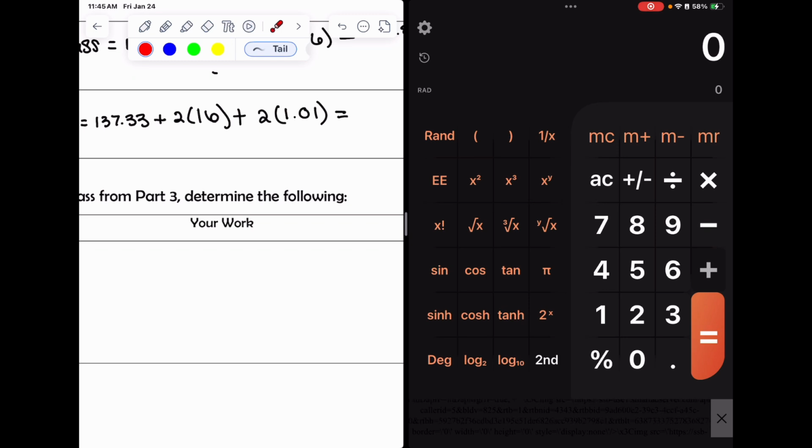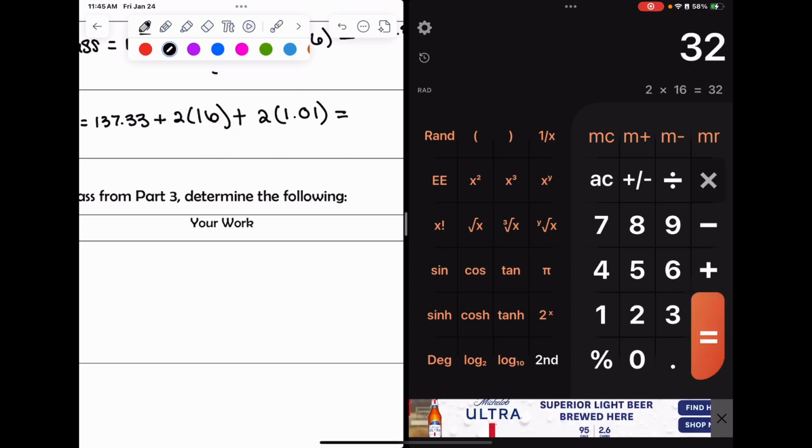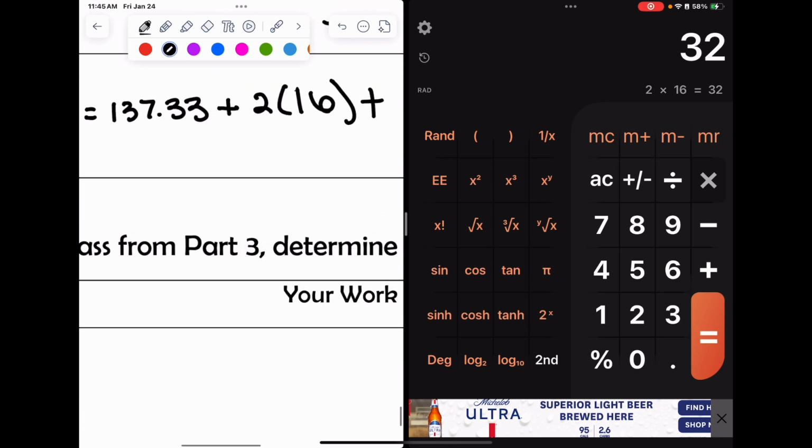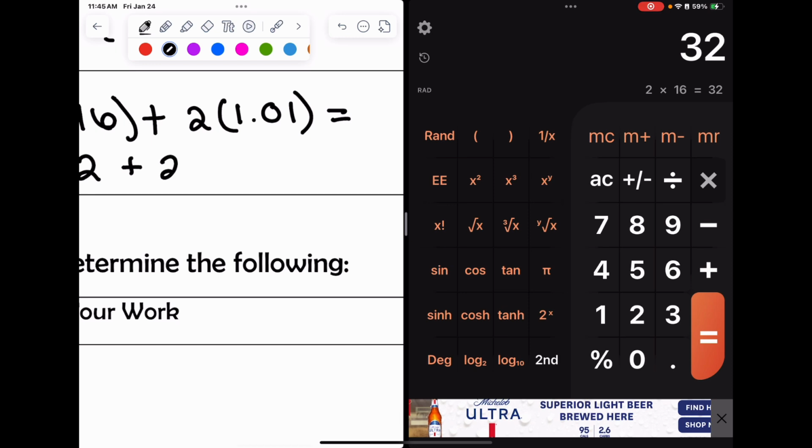I think, for my calculator at least, I'm going to have to plug these in first. So 2 times 16 is 32. All right, so I'm going to rewrite this so I don't have to do multiple different operations on my calculator. And then 2 times 1.01 is 2.01. To double check myself, 2 times 1.01, 2.02, duh. Good thing we double checked ourselves, right?